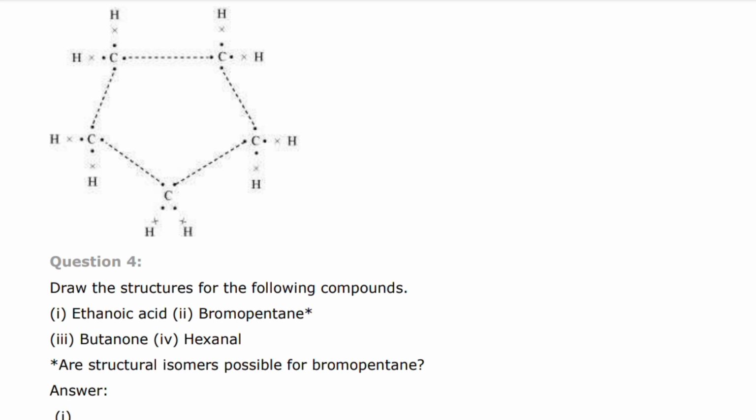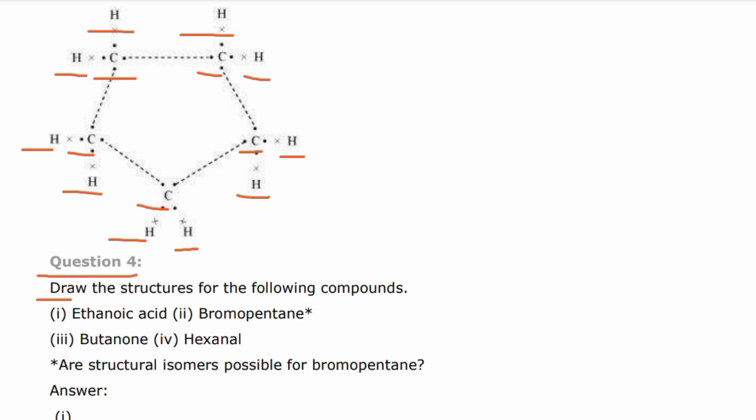This is the electron dot structure of cyclopentane. Carbon, hydrogen, hydrogen, carbon, hydrogen, hydrogen, carbon, hydrogen, hydrogen, carbon, hydrogen, hydrogen, carbon, hydrogen, hydrogen.